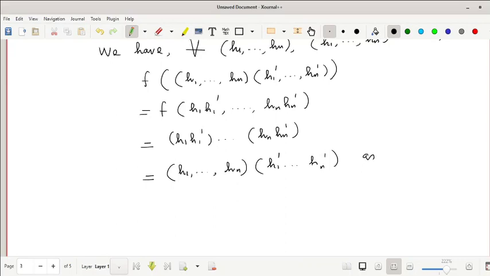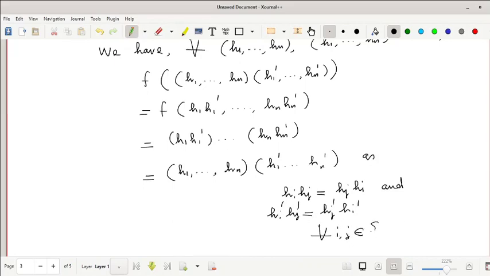Why? As hi hj is equal to hj hi, and similarly hi prime hj prime is equal to hj prime hi prime for all i, j belonging to the set 1, 2, 3 up to n, i not equal to j.